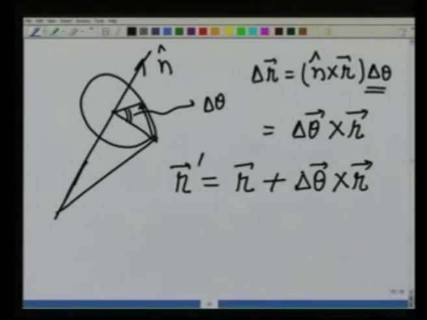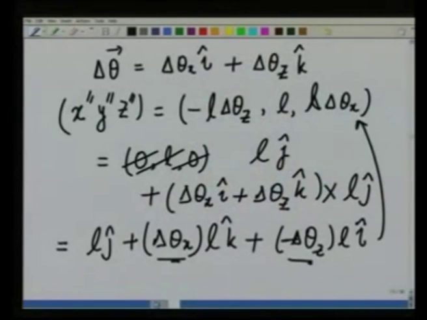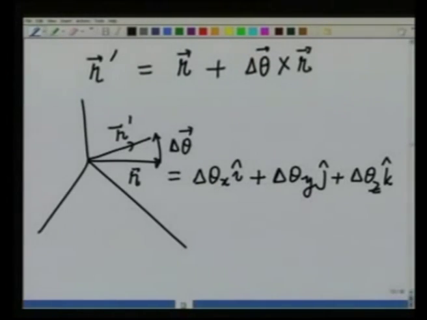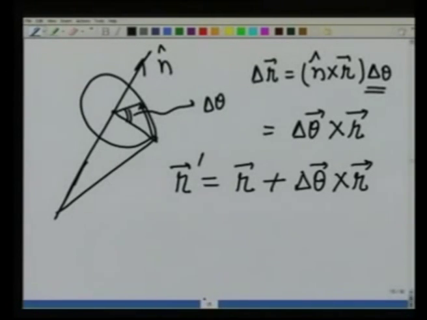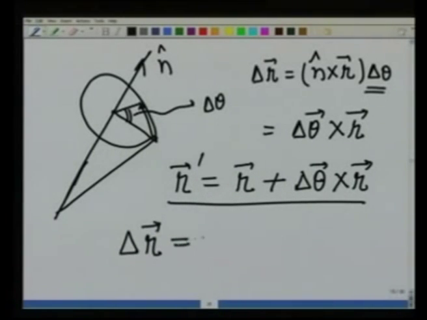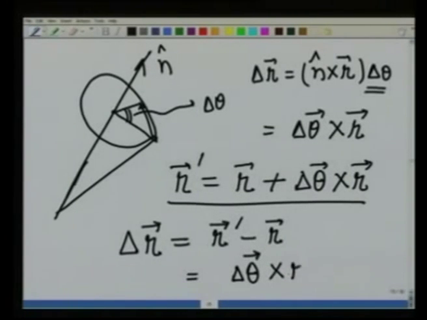What I have shown you is, in the previous derivation where I wrote delta theta as this and then derived delta r, and after that wrote r prime equals r plus delta theta cross r. Now I have taken a general axis of rotation n and shown again that r prime can be written like this. Therefore, this is the general result, that if a vector rotates about an axis in unit vector direction n by a very small angle delta theta, I can write the change as this cross product.